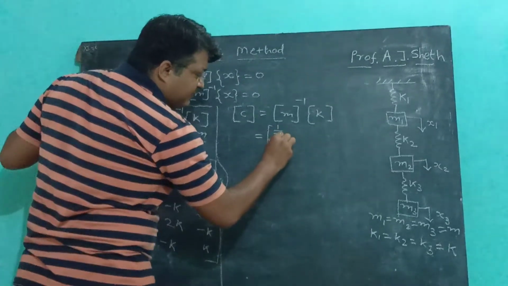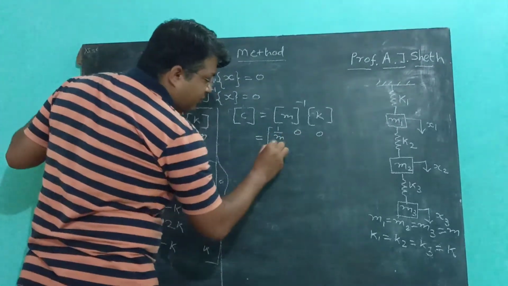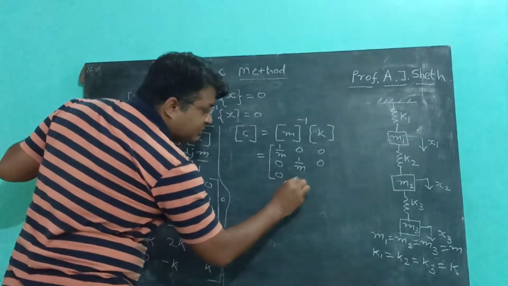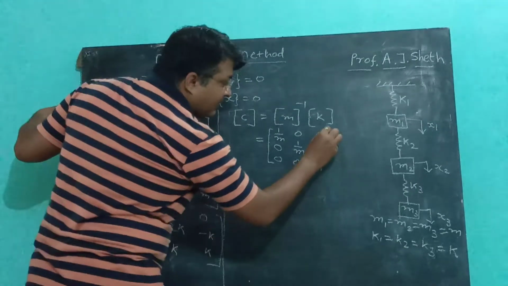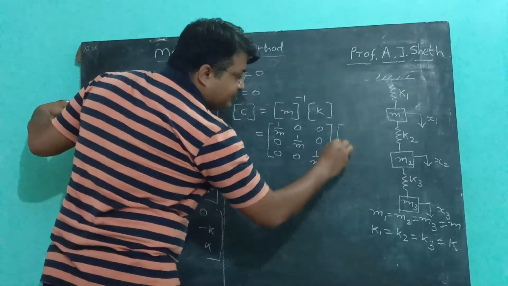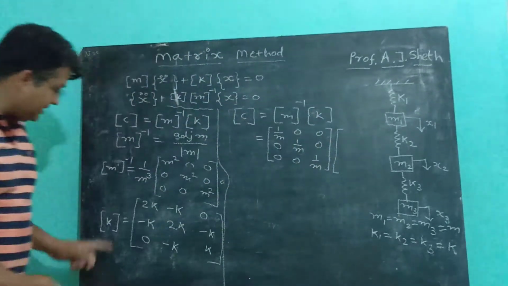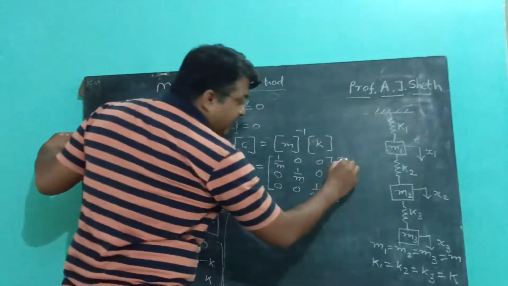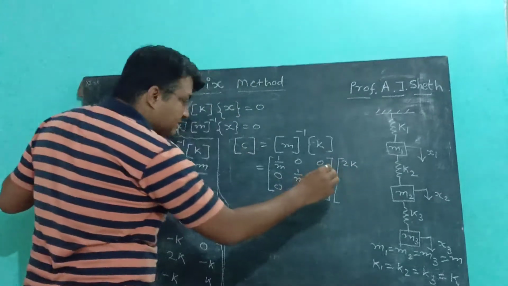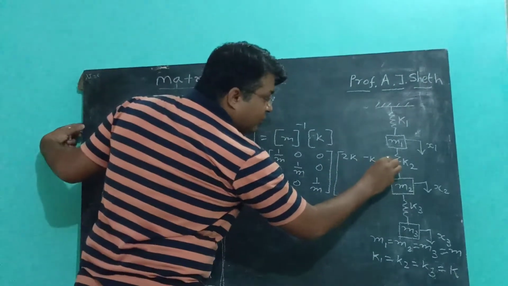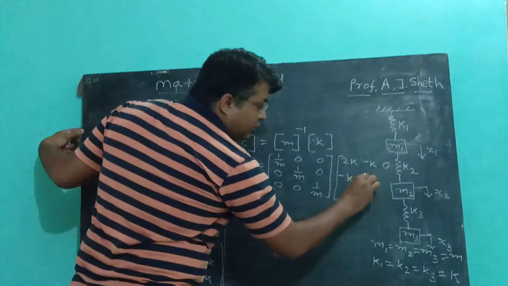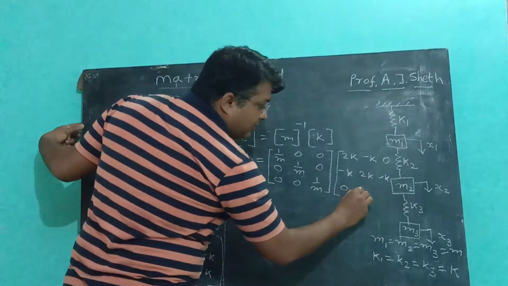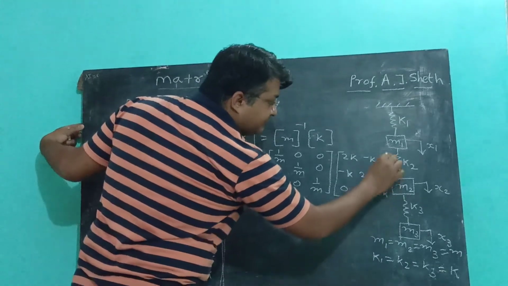This location is 1 by M, 0, 0, 0, 1 by M, 0, 0, 0, 1 by M. And the next one is K matrix, that is 2K, minus K, 0, minus K, 2K, minus K, 0, minus K, 2K.